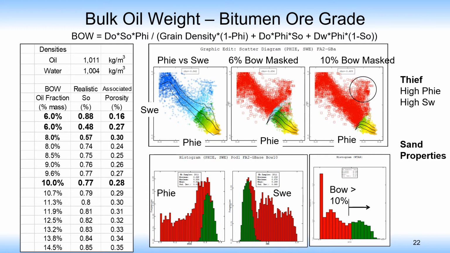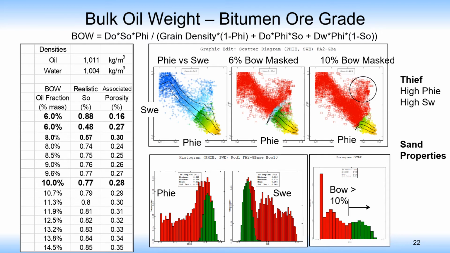It's 1 minus the porosity, so it's the grain. Then you have the density of oil times porosity times saturation, same over here. Then you have density of water times porosity times 1 minus SO, that is the SW. These are added together, so that's the weight of the entire volume, and the weight of the oil ratio.